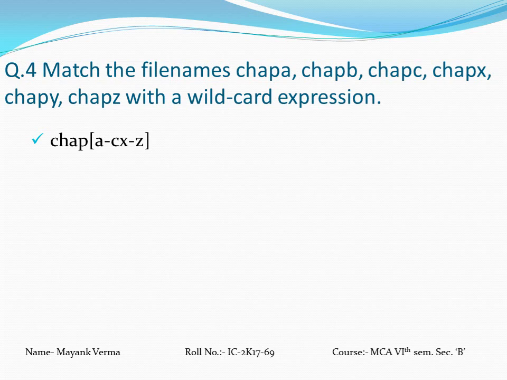It means that after chap it will match all files whose character comes within the brackets. In this format it matches all the chapa, chapb, chapc, chapx, chapy and chapz files.